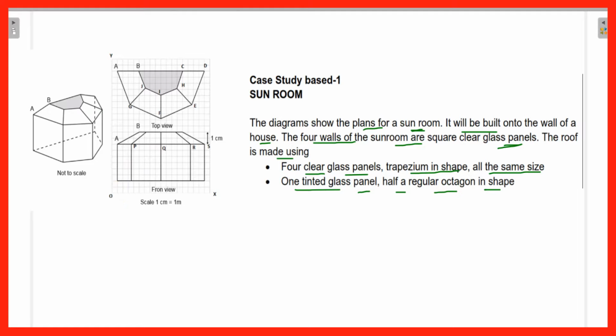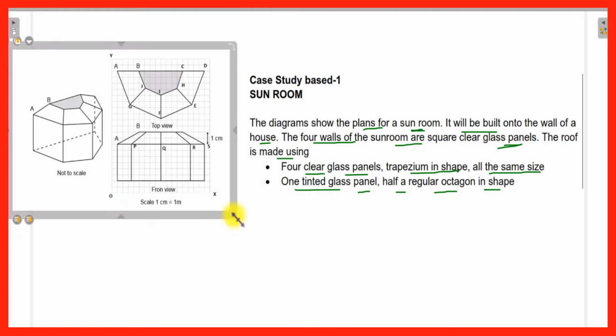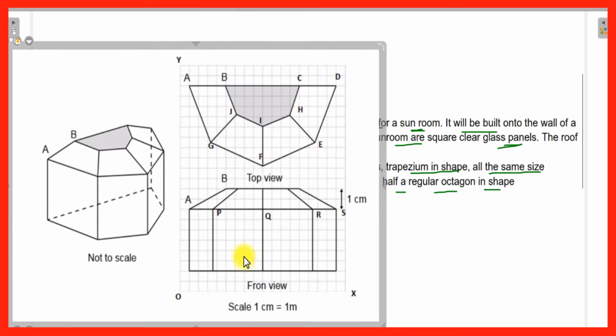I will just increase the view of the image. So you see that this is the origin, this is the x-axis, and this is the y-axis, and this is the top view and this is the front view. Let us see the questions asked on these figures and the given information.